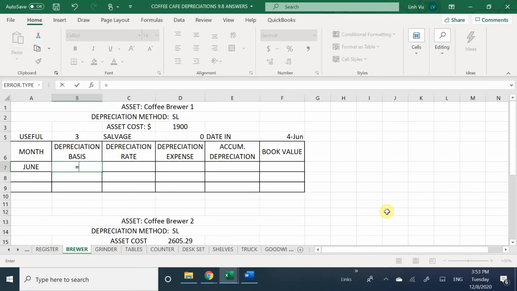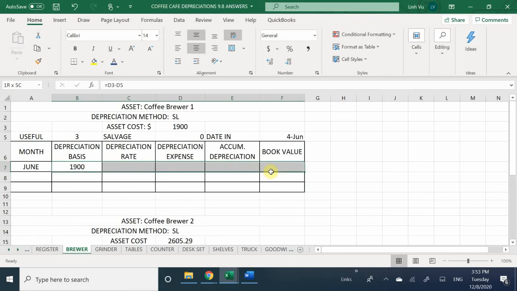Depreciation base is the book value. No. Oh, I'm sorry, that's double declining. Oops, straight line. Depreciation base is the cost of the asset minus the salvage value. Good. In this case, it's 0. Yes, it's still going to be 1,900. Okay.